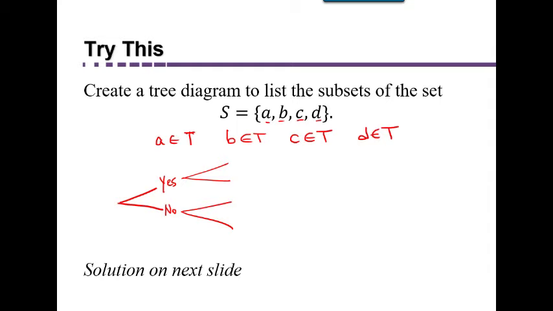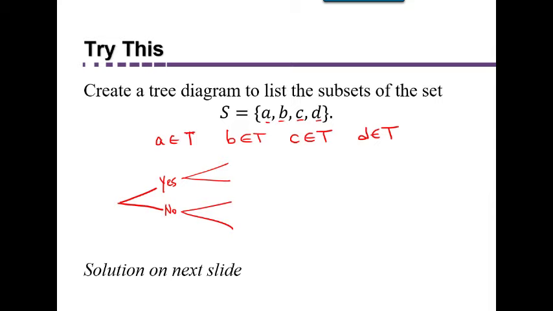Is A an element of the subset? Let's give the subset a name. Let's call it T. Is A an element of T? Is B an element of the subset T? Is C an element of the subset T? Is D an element of the subset T?